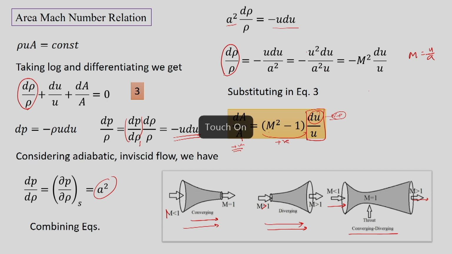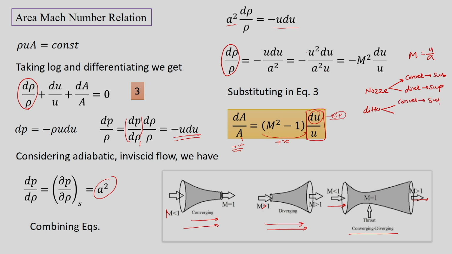Since the fluid flow variation depends upon Mach number, we have some criteria. Suppose we have a nozzle: this nozzle will be a converging section if the flow is subsonic, and it will be a diverging section if the flow is supersonic. Similarly, we have a diffuser: this diffuser will be a converging section if the flow is supersonic, but it will be a diverging portion if the flow is subsonic.